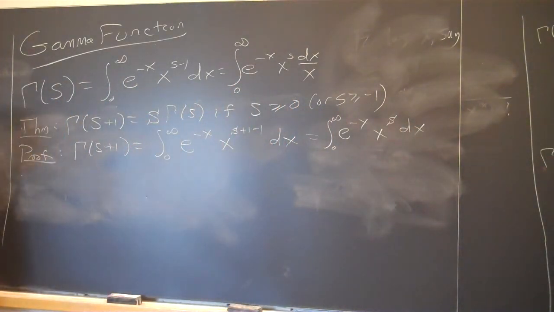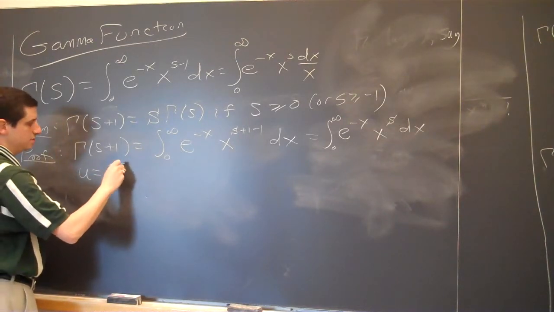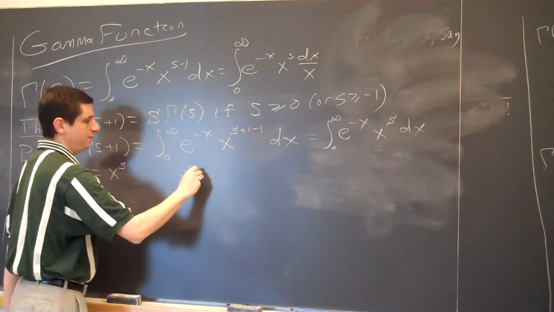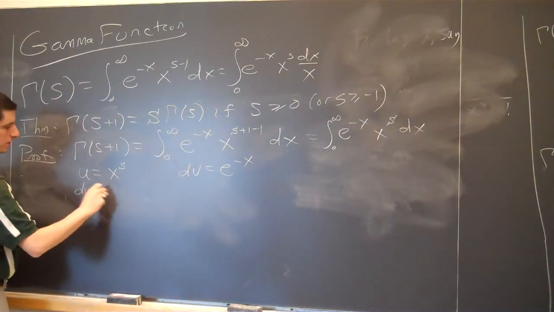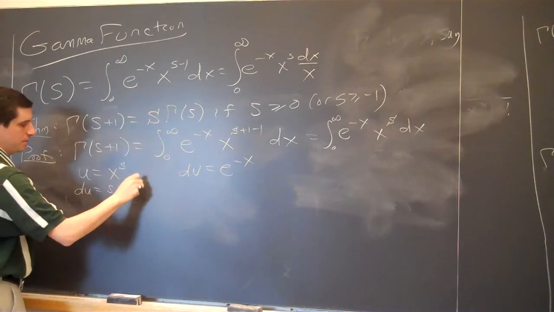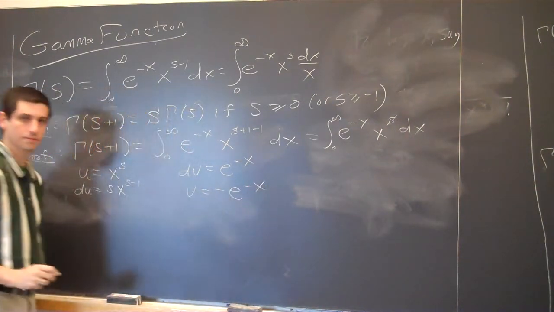Let's do integration by parts again. u is equal to x to the s, dv is e to the negative x, du is s x to the s minus 1, v is negative e to the minus x.